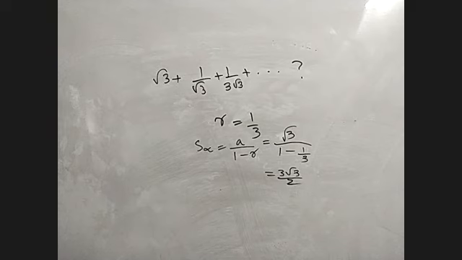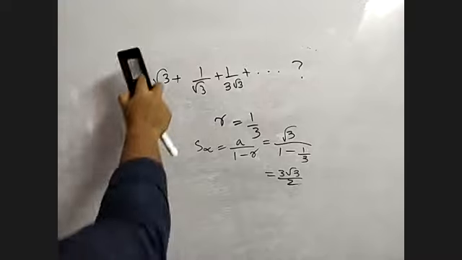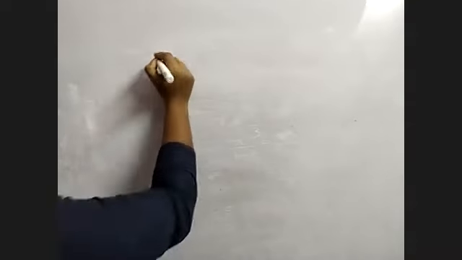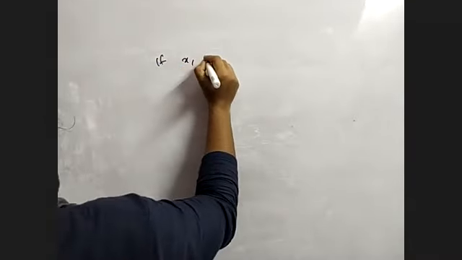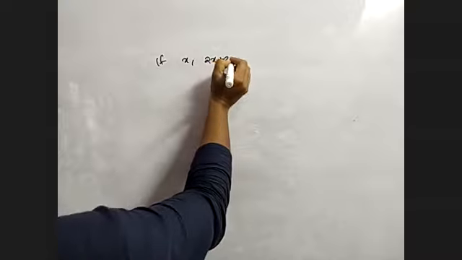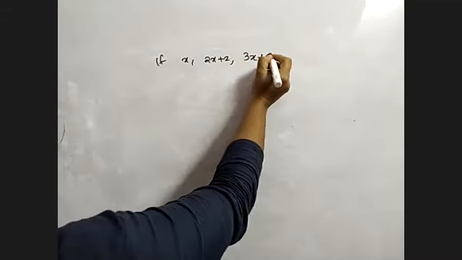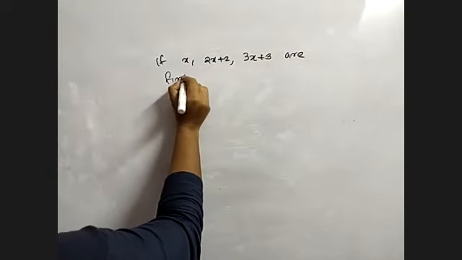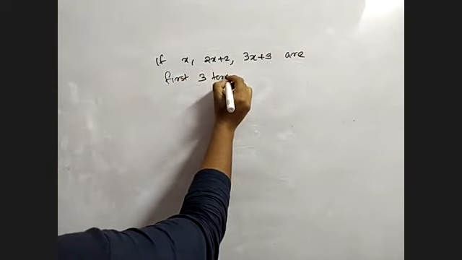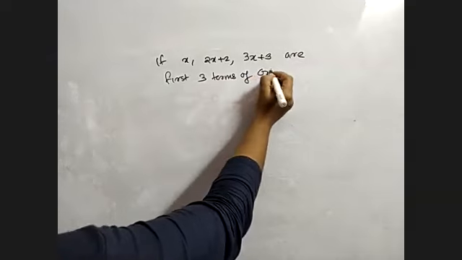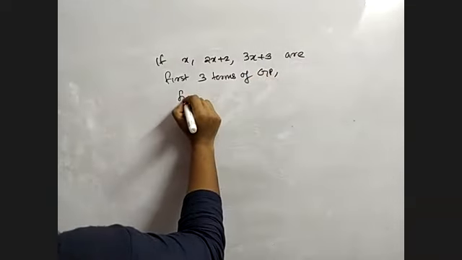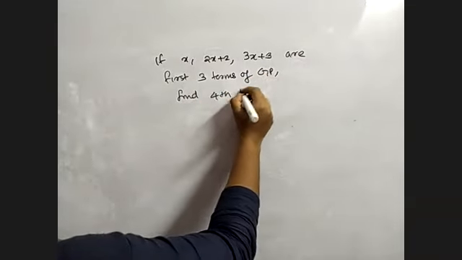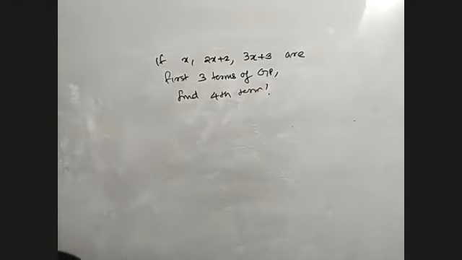Write down the next question. If x, 2x plus 2, 3x plus 3 are the first three terms of a GP, find the fourth term. Easy question.